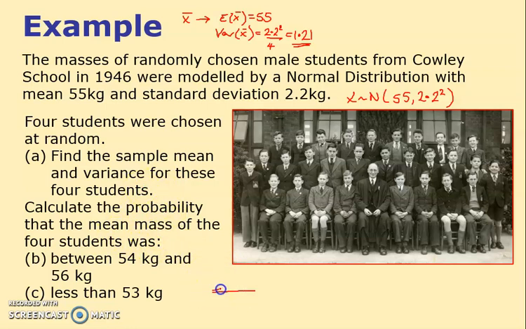Right, now this is the normal distribution. We can do this on our Casio ClassWiz or the Texas calculator. So we expect them to get 55, wasn't it? Yes. And they're saying, what's the chance of going up to 56, down to 54? So I want this probability there. So if I just do this, I'm going to go menu, and it's menu 7. I want a normal CD. My lower value is 54. My upper value is 56.